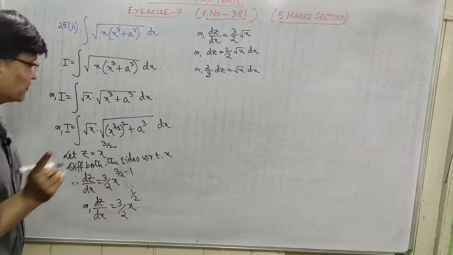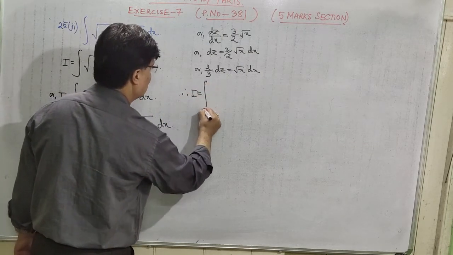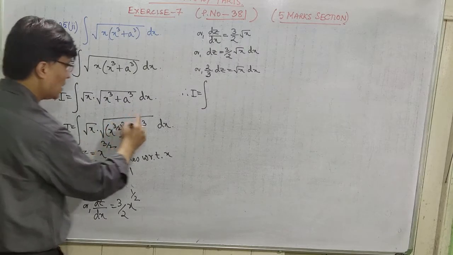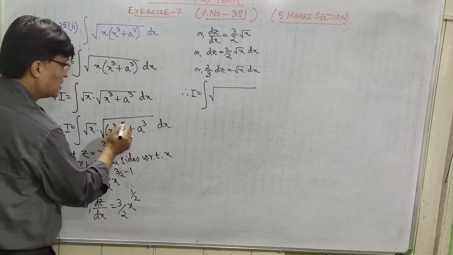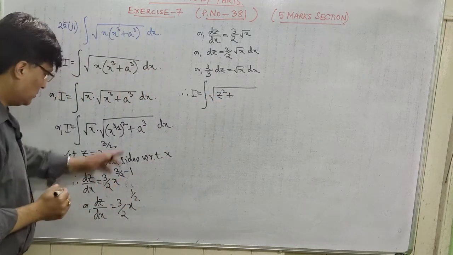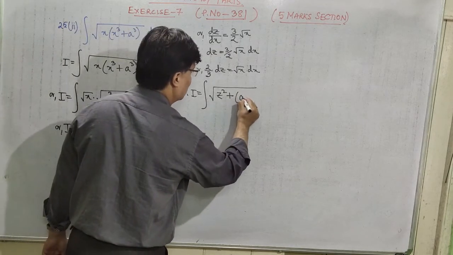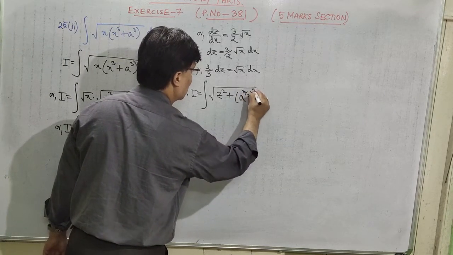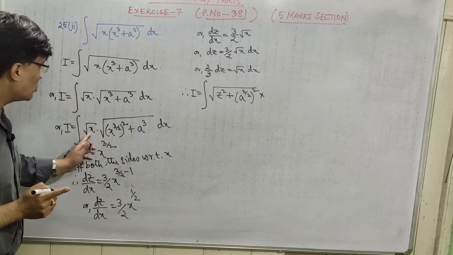Is that clear? Next, therefore I is equal to integration of, now within square root, this is z square, plus we can write a cube within whole square, isn't it? How will you write it? A to the power 3 by 2 whole square into, and what about this root over x dx?